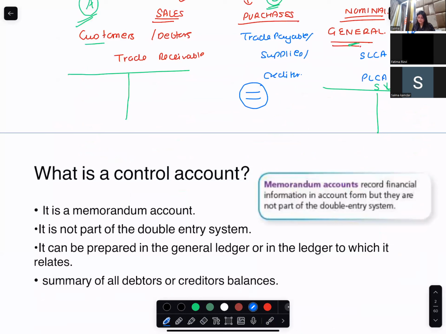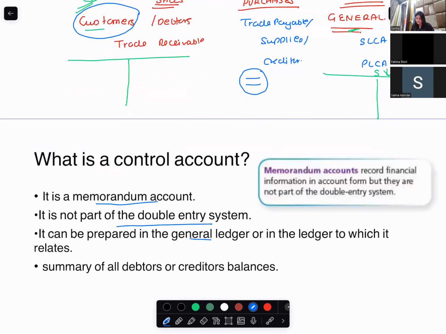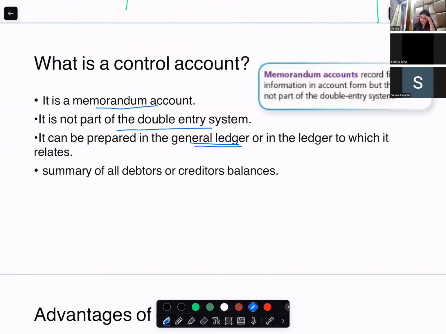So this is a replica account, a memorandum account. It is not a part of the double entry system. This is just maintained separately. Control accounts are prepared in the general ledger, and they give you a summary of all your debtors and creditors. Debtors are trade receivables, customers.